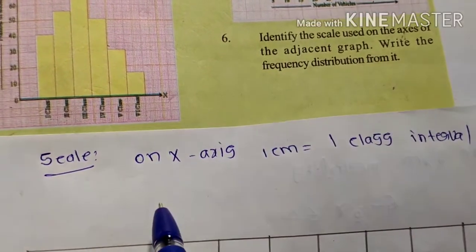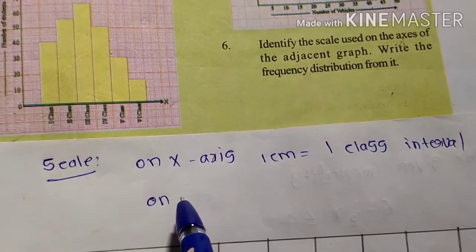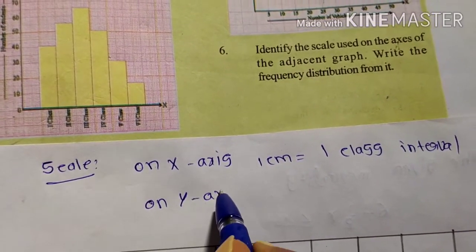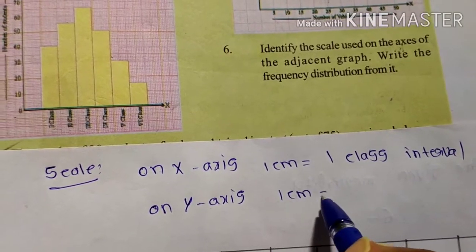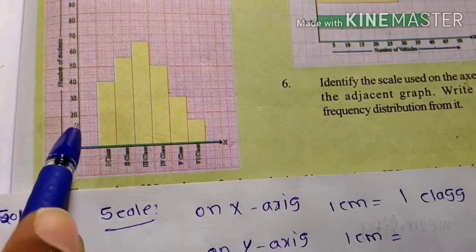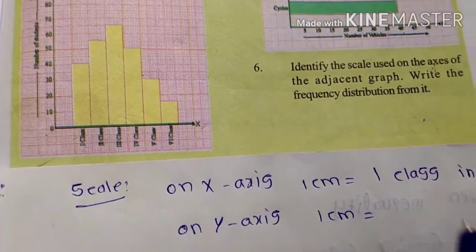See here on the y-axis, 1 centimeter is equal to 10, 20, 30. That means 10 number of students.